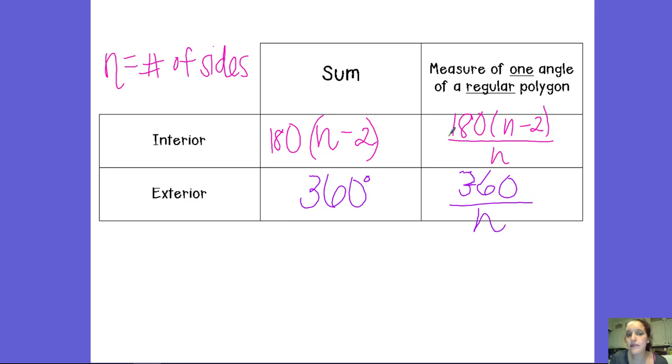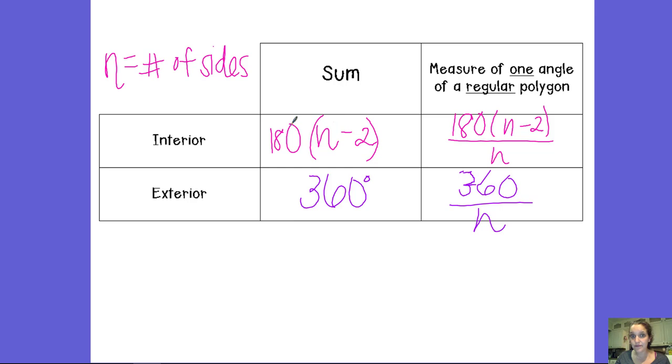The top row has to do with only interior angles. The bottom row has to do with exterior angles. This left column is about the sum of all those angles, and this right column is only applying to regular polygons. So if you're using the word regular, you're probably looking in this column, and it's to help you find the measure of one individual angle of a regular polygon.